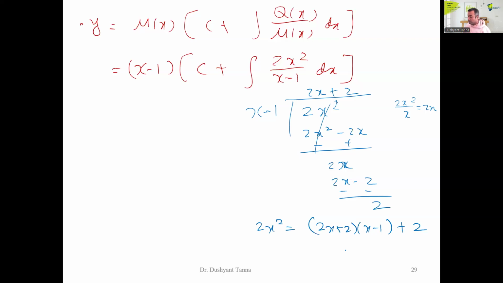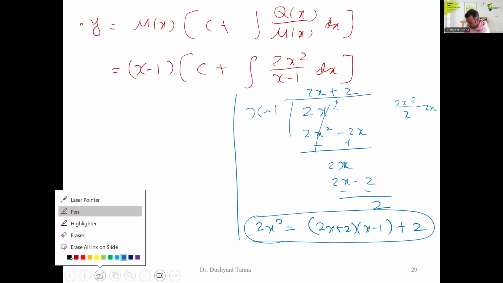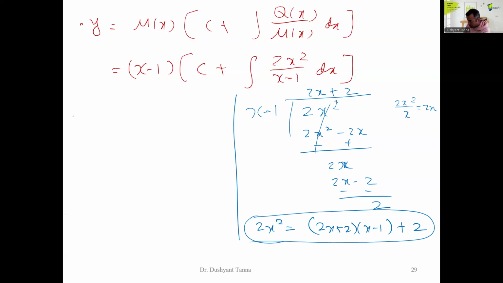We replace this arrangement of 2x squared in here. So my y will be x minus 1, and you see the reason why I was always insisting on separating that part out? You don't have to carry that long bit always.